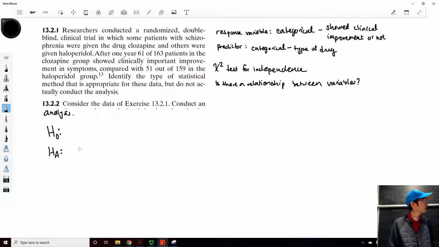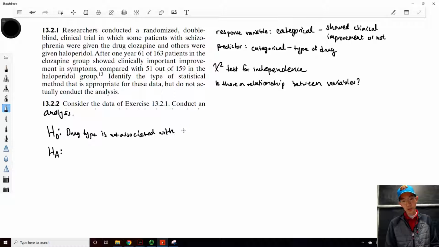The probability of improvement given some drug. Okay, I feel like we're still talking symbolically here. So what we want to say, just kind of in words, is that drug type does not influence or is not linked or associated with improvement in symptoms.